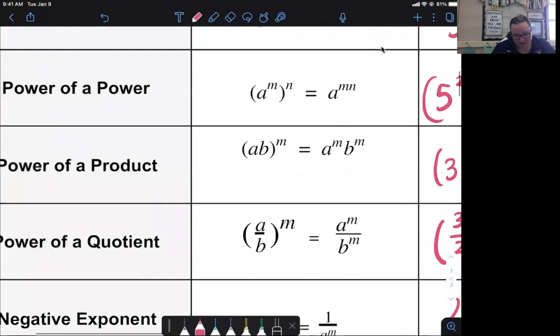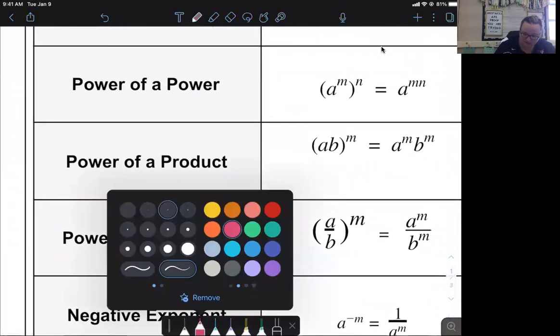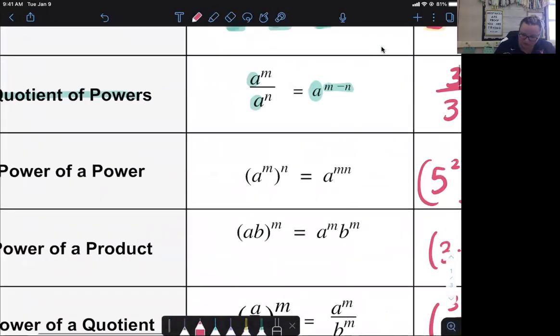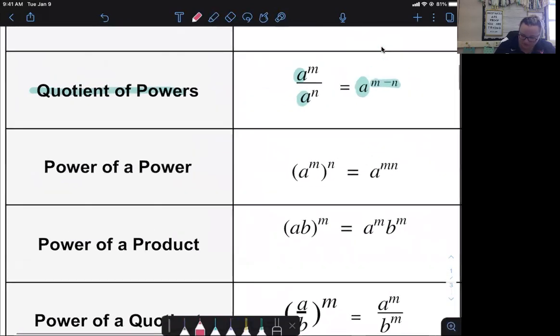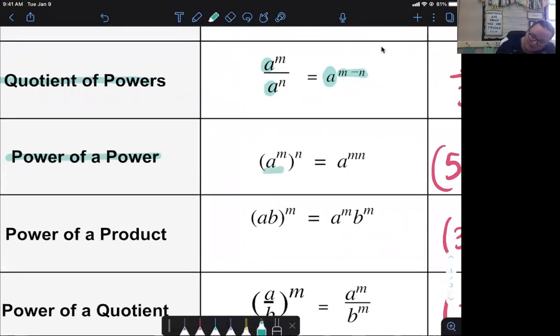All right, now for a power of a product. So, no, just kidding, we have to do power of a power. For power of a power, that means I'm taking a base with an exponent to a power. So a to the m to the n is the same thing as a to the mn, which means multiplication. So these are being multiplied.